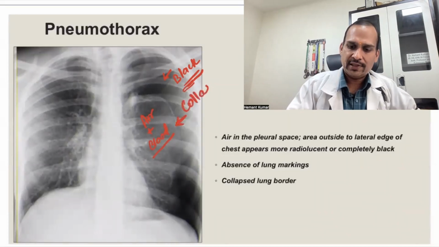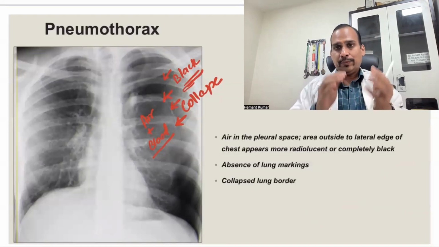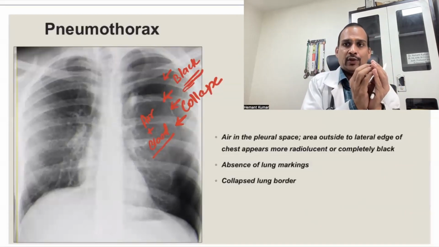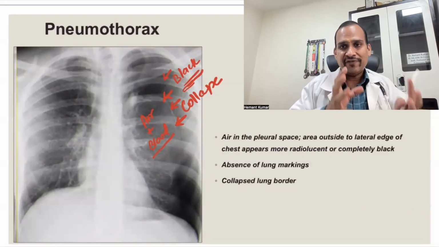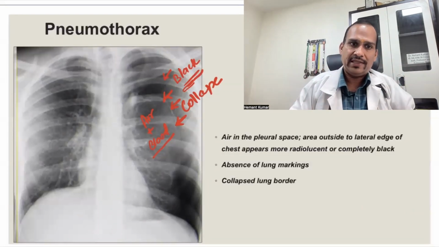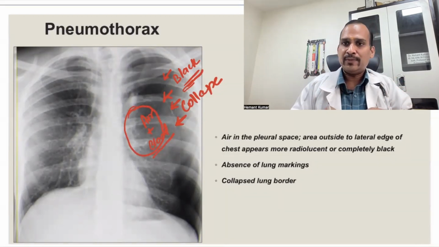This is collapsed lung. The blood vessels are intact in the lungs, but the lungs get collapsed. So what will happen? These blood vessels give more whitish opacity as compared to a normal X-ray. So in the collapsed part, the blood vessels look more prominent. So these are the features of pneumothorax.